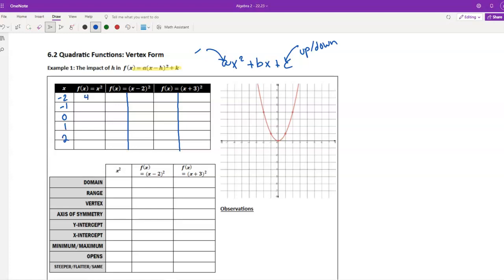Then we have 4, 1, 0, 1, and 4, and we can see those are already graphed right here. Now, notice that the a value out in front is also a 1 here, and that we're doing something to the x value. The main way to think about it is, what does x have to be in order for this to be a 0?